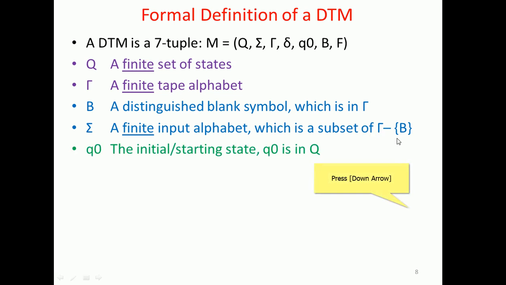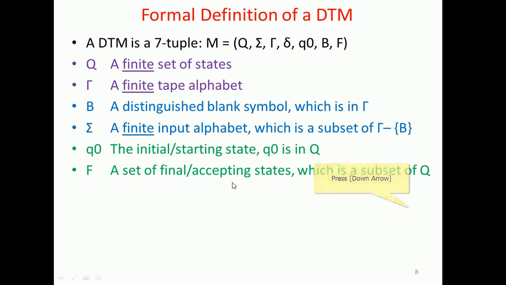Q naught is the initial or starting state, Q naught is in Q. F is the set of final or accepting states, a subset of Q.